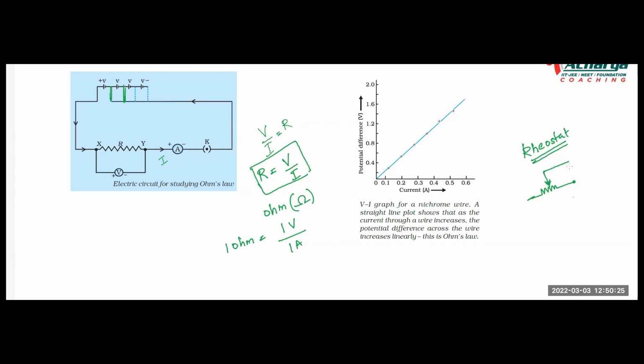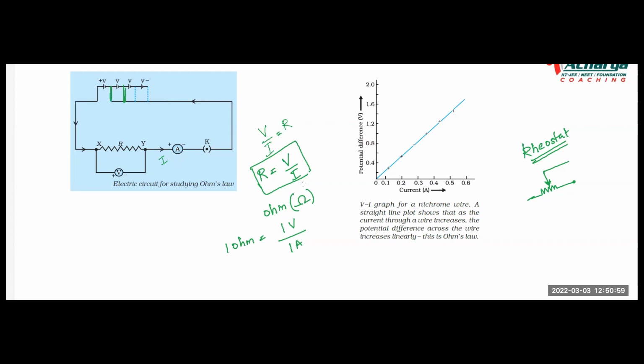This variable resistance is a way to control the current without varying the input voltage. If you don't want to change the voltage source, like here where we keep adding voltage sources to increase the current, instead we can keep the voltage source constant and include this rheostat in the circuit. When you vary the rheostat, the value of the current in the circuit is going to vary.